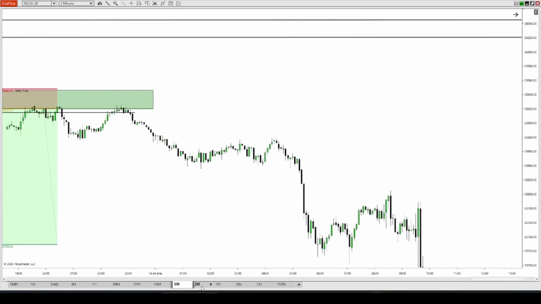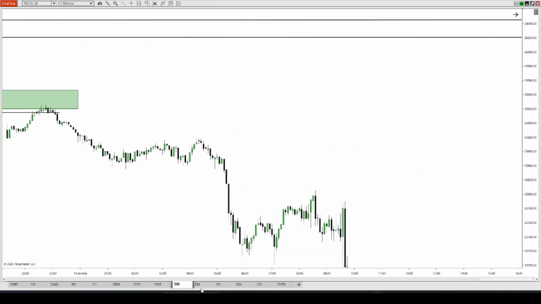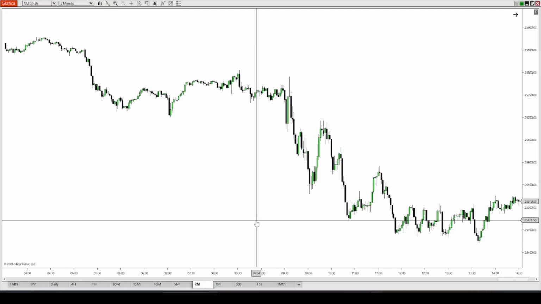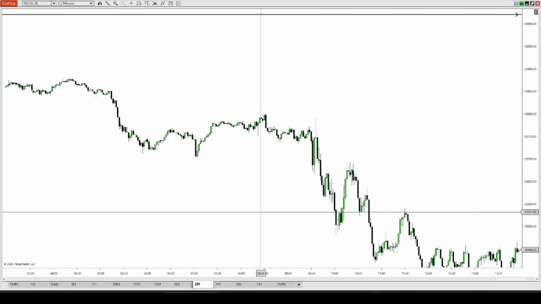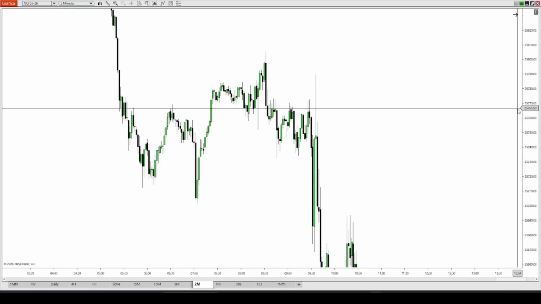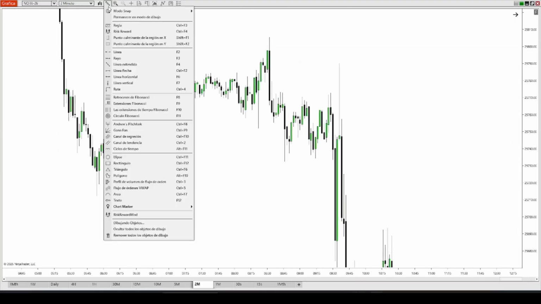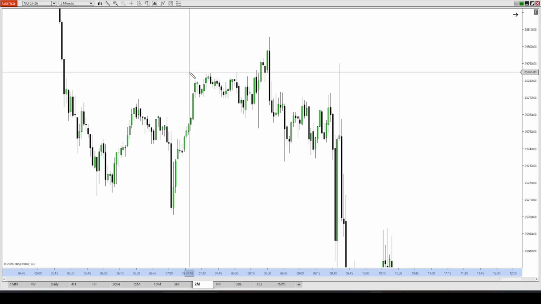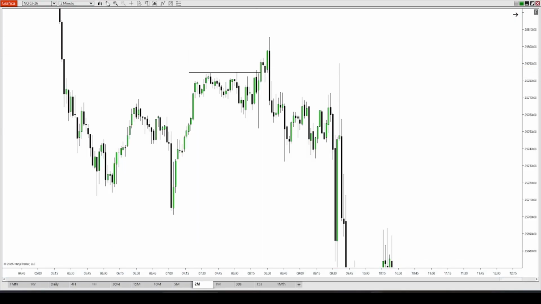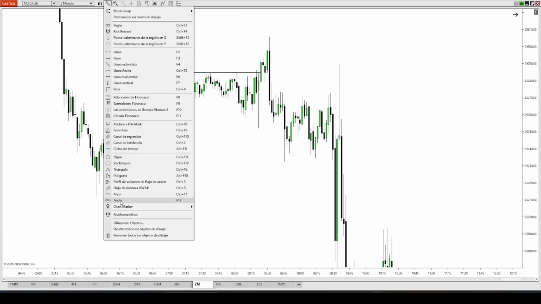But if we go to the New York session, what do we have here? At 8:30, we can see very clearly our market structure shift that indicated to us that price was going to continue to deliver to the downside. What are those? Those are relative equal highs.